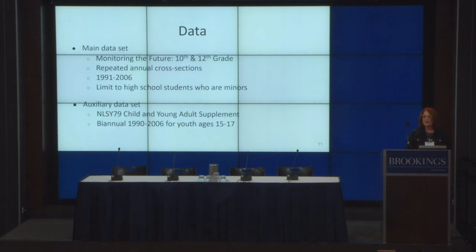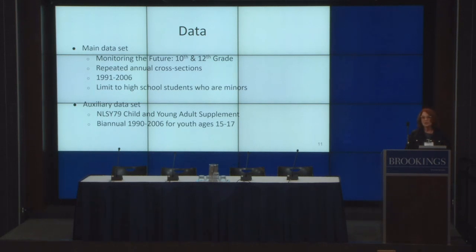So to look at this, we used two data sets. The first data set is Monitoring the Future, which is a repeated cross-section of 10th and 12th graders. We looked at teens, so 10th and 12th graders. 1991 was the first year they had the younger group, so that's our starting point.